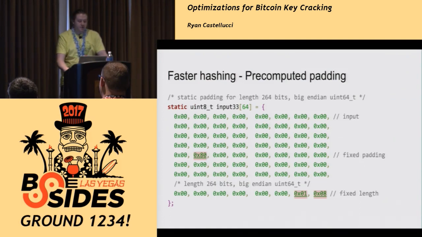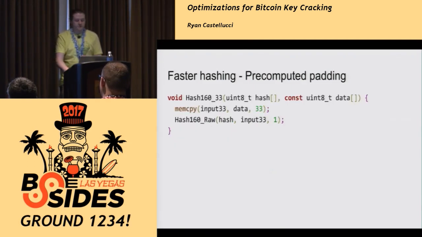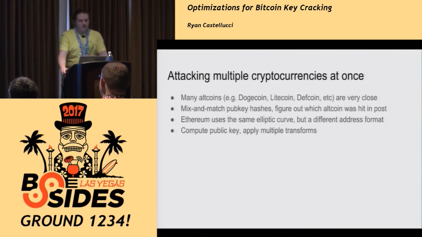And then here's what that looks like with a compressed public key. You have padding, and you put the public key in there, and you feed it into this, and it works great.